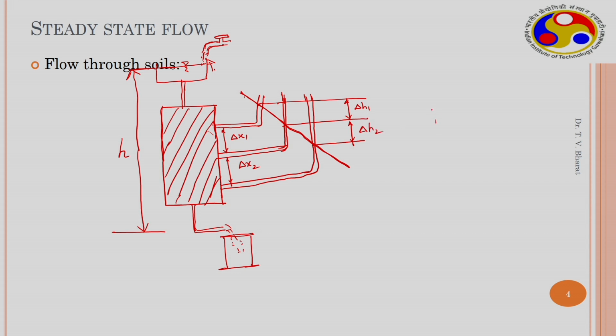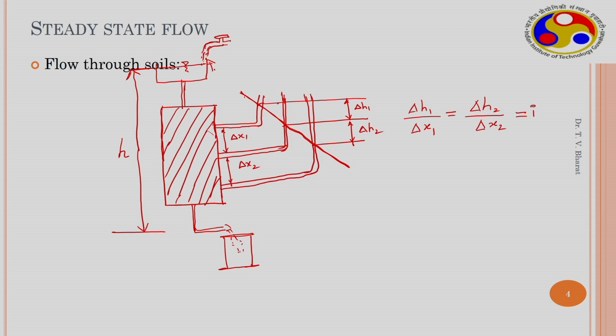What we can observe is that delta h1 by delta x1 is equal to delta h2 by delta x2, which is the hydraulic gradient.